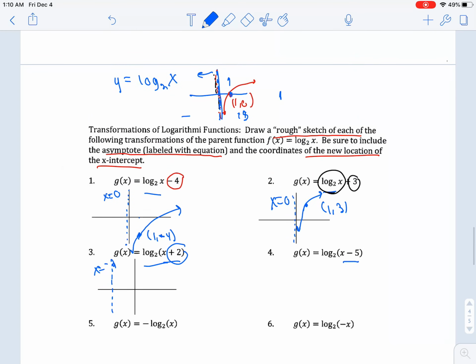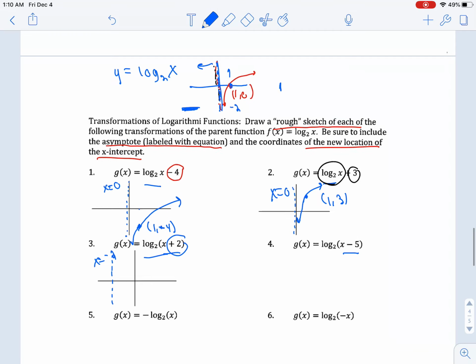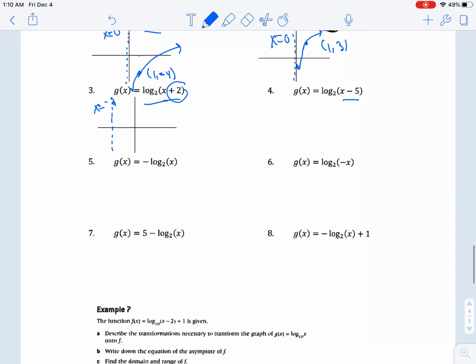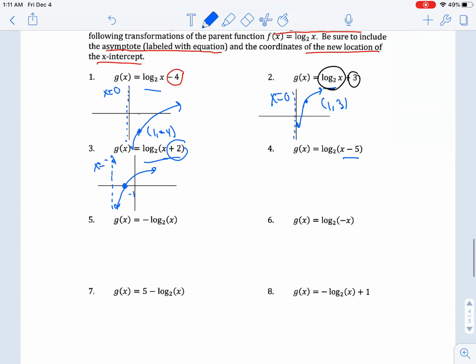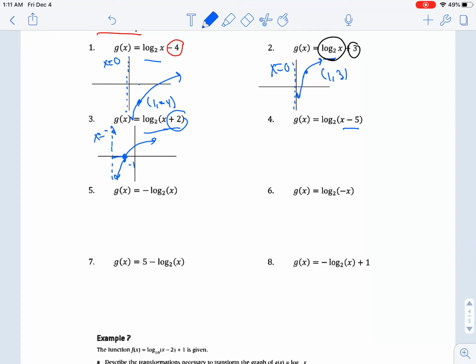Now if I'm moving to the left and right, I'm changing the x values. So if I'm moving the point 1, 0 to the left 2, I'm subtracting 2, I end up with negative 1, 0. And then the graph is going to look like this. So again, it's just that same shape, just moved over to the left 2. And remember, in the original function, this point is 1 unit from the asymptote. Same thing here. Notice that that's 1 unit from the asymptote. It's another way to come up with that.